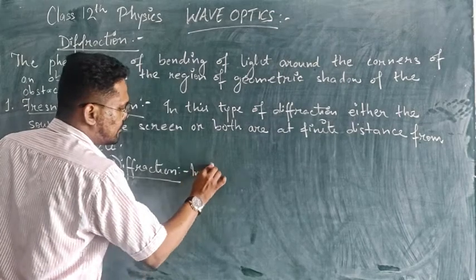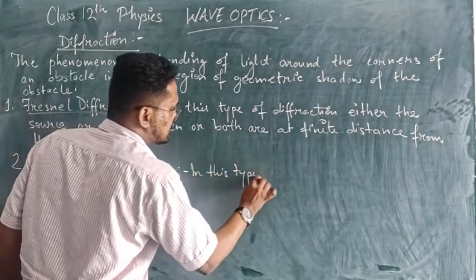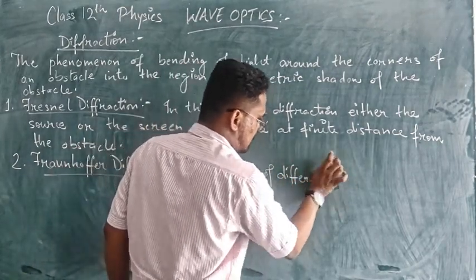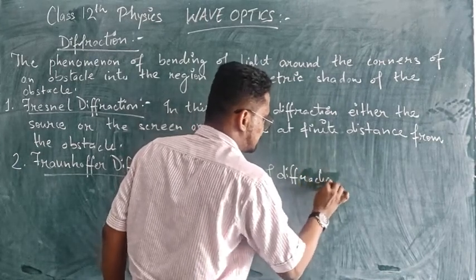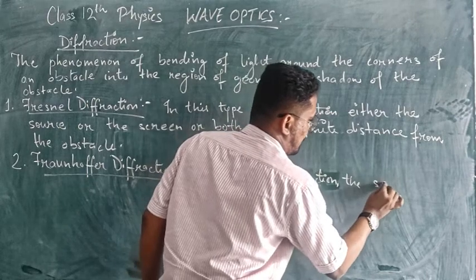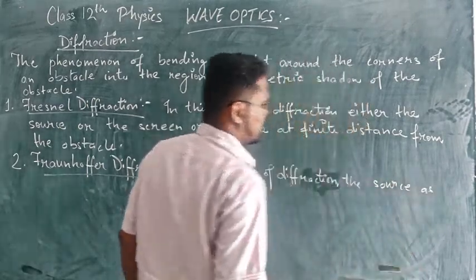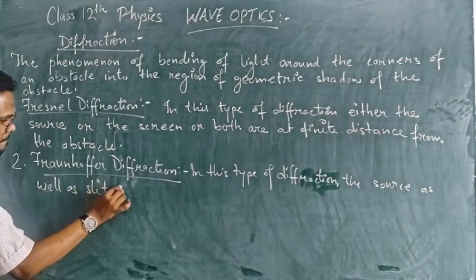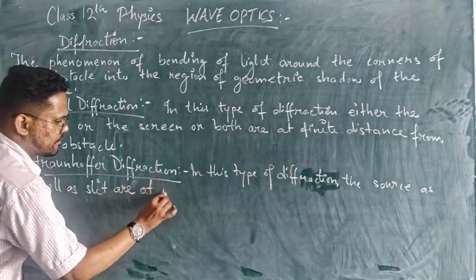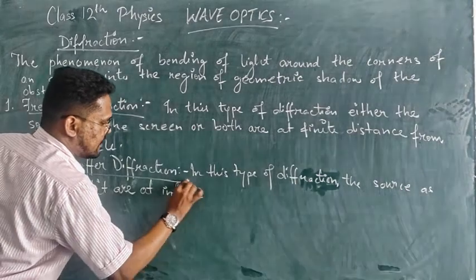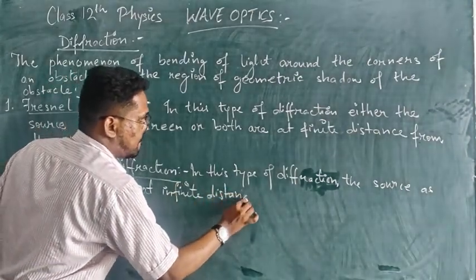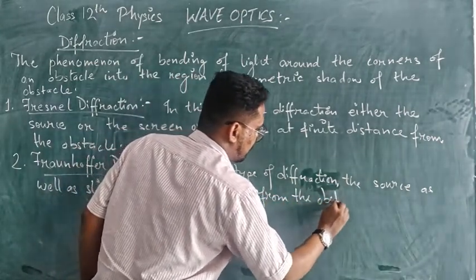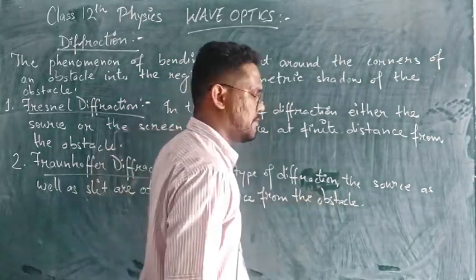In this type of diffraction, the source as well as the slit are at infinite distance from the obstacle.